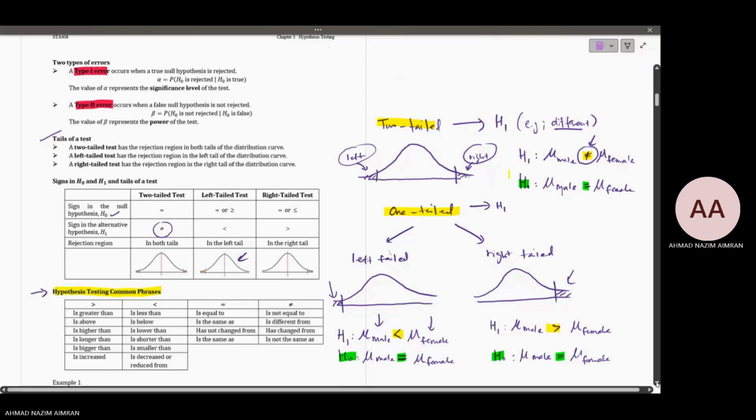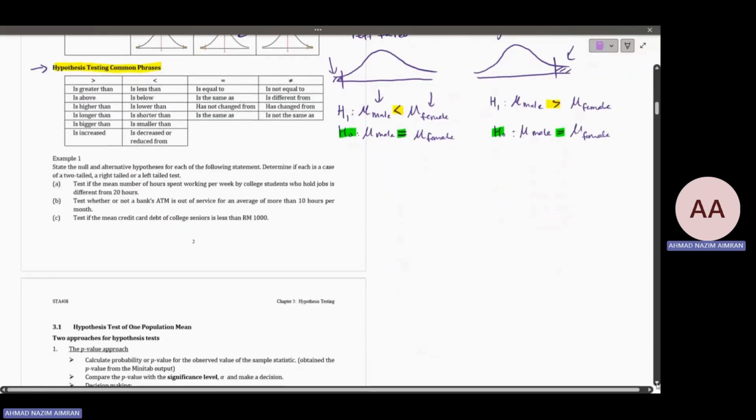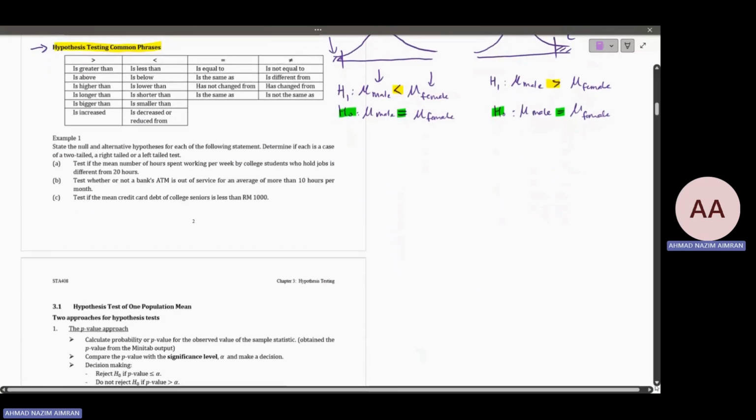Now, I think it would be better if we look at an example to get a clearer picture of what we are currently discussing. Let's look at example one.